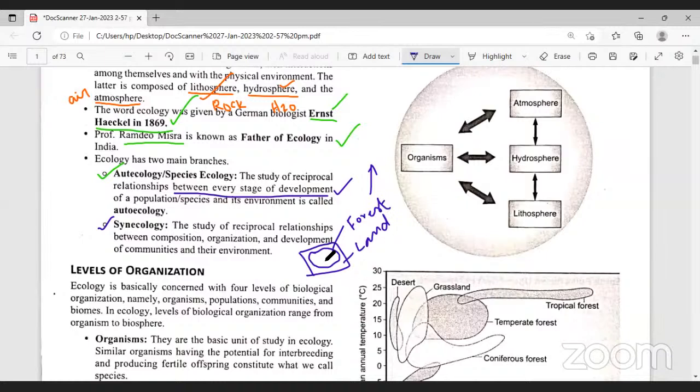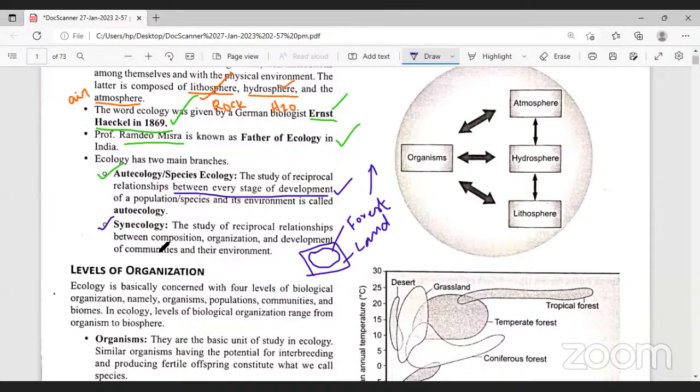Take an example of this part: how many percent of grass, how many percent of shrubs, herbs, and also trees and large trees? So it is not just factors, that is a phase.